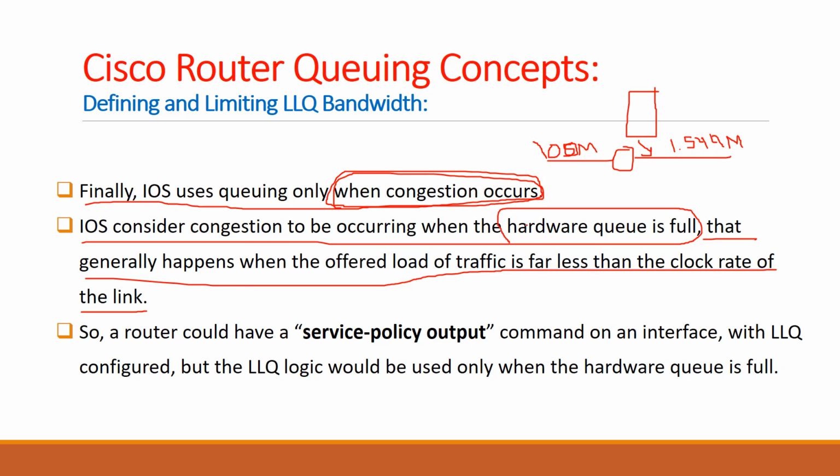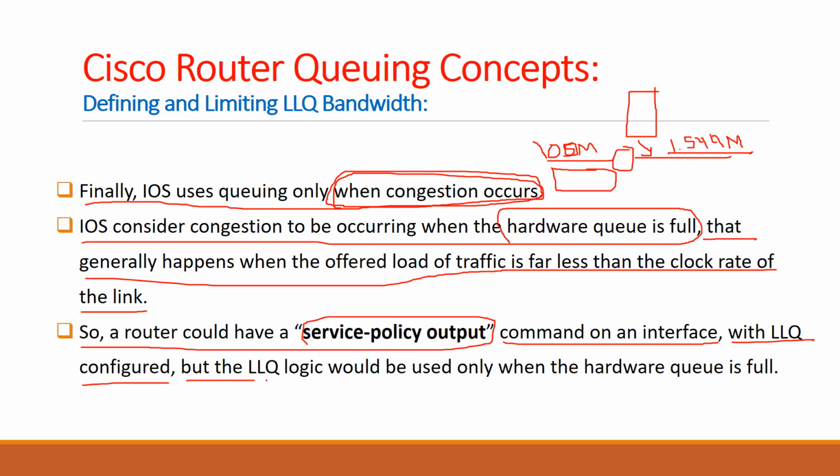So this congestion happens when the offered load is far more than the clock rate of the link. So a router could have a service policy output command on an interface with LLQ configured, but the LLQ logic would be used only when the hardware queue is full.